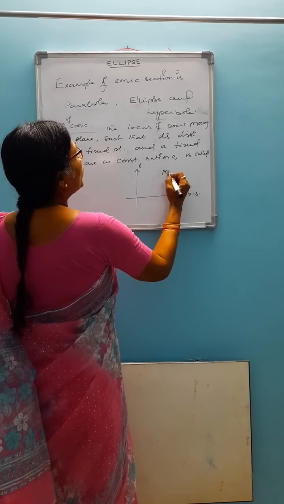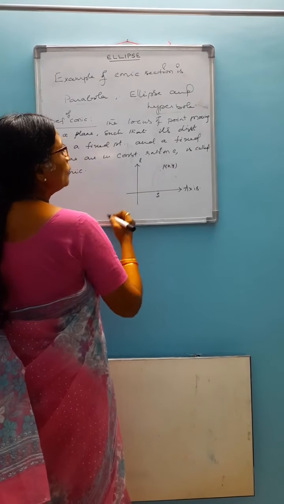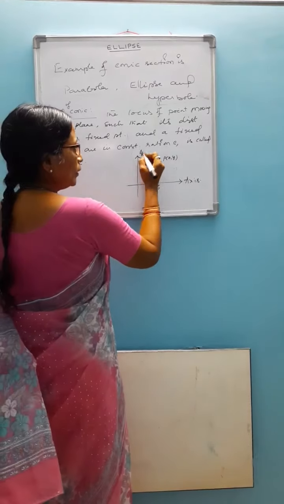Let P(x, y) be any point on the plane, S be the fixed point and L be the fixed line.